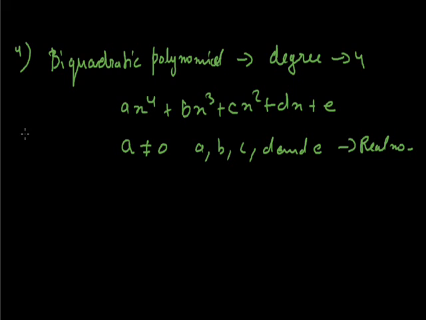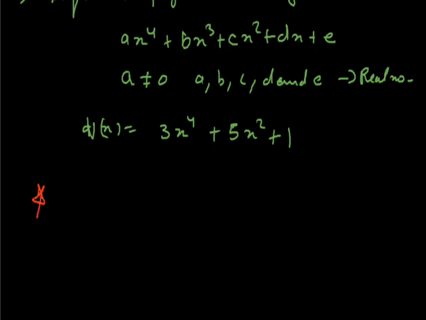An example of a biquadratic polynomial is q(x) = 3x to the power 4 plus 5x square plus 1.